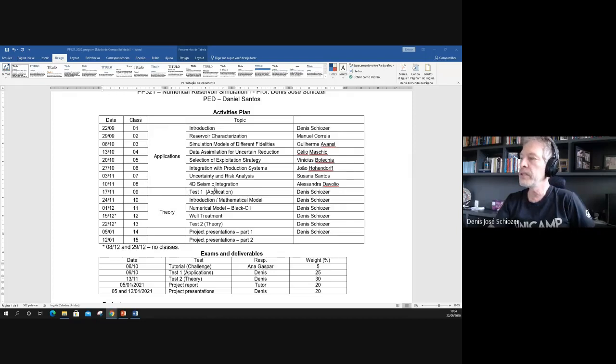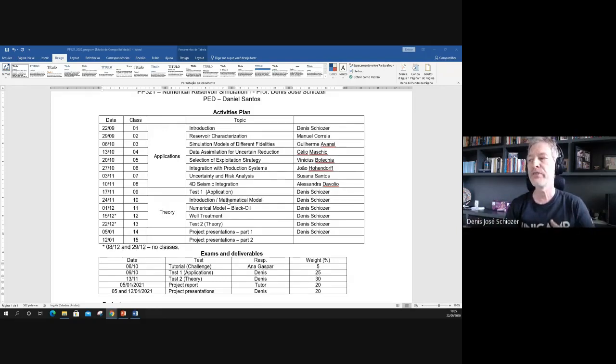Okay, after we see test one, then we go to classes related to numerical models. We're gonna go deep inside the simulation models and try to understand what's inside the model. What are the parts of the simulation model that are more important? For example, the mathematical model, the equations that are there, how they are solved, how a black oil model works.